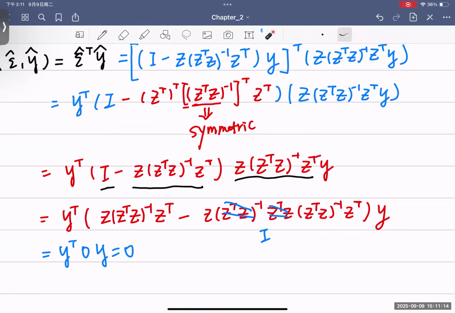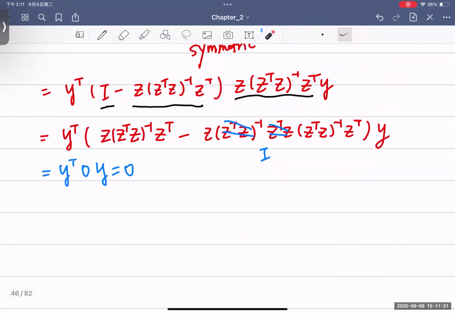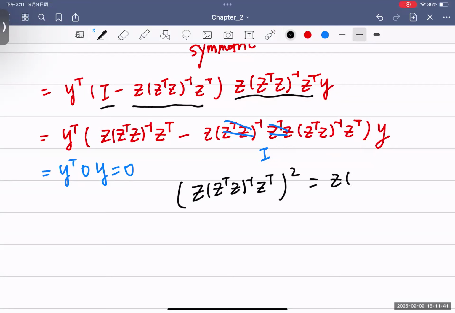Actually, it just looks complicated, but it's because of these properties. Here we record something we mentioned earlier: Z times Z transpose Z inverse Z transpose, this kind of matrix multiplied by itself is still the same matrix. We just make use of the property that squaring it, multiplying it twice, still gives this term.